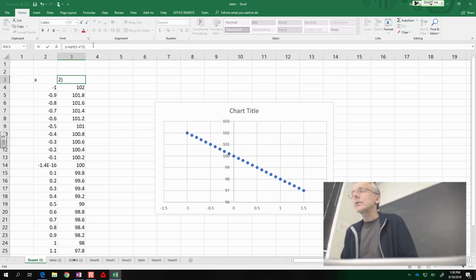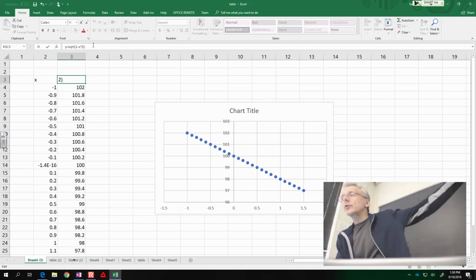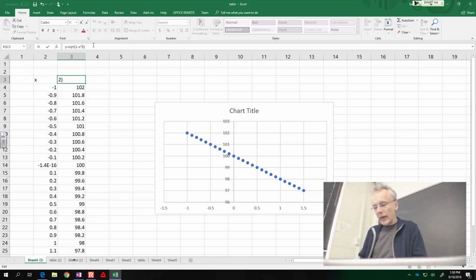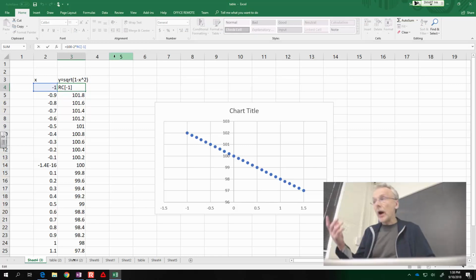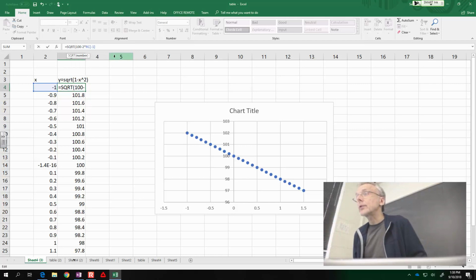You see the formula y equals square root of 1 minus x squared. So I'm going to enter it for my y's. So it will be a root of what? Of 1 minus x. See the blue square? That's my x, and I'll square it. Close the parentheses.